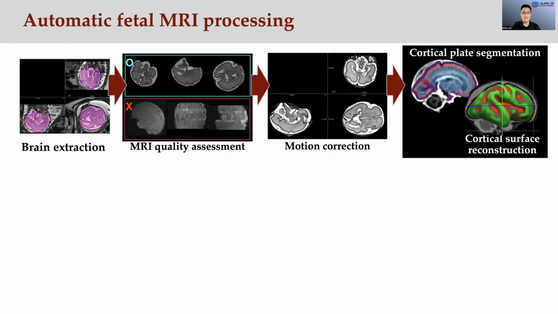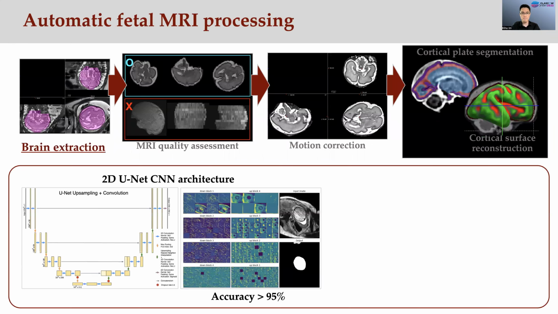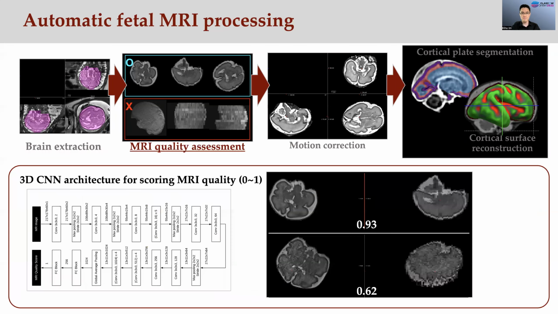To quantify fetal cortical growth, we process structural fetal MRI data using our pipeline. From the raw data, we use the UNet deep convolutional neural network to automatically segment only brain regions, and we excluded bad quality imaging data for further reliable data process.